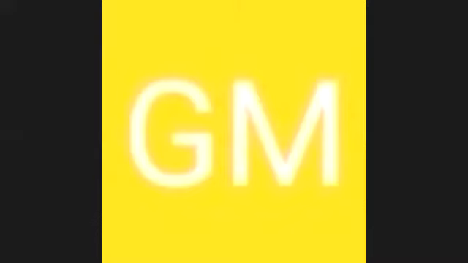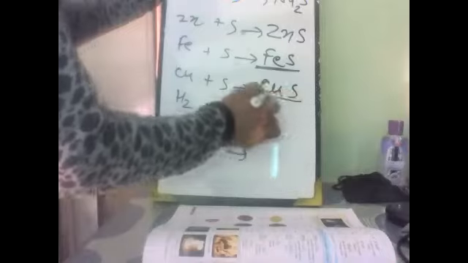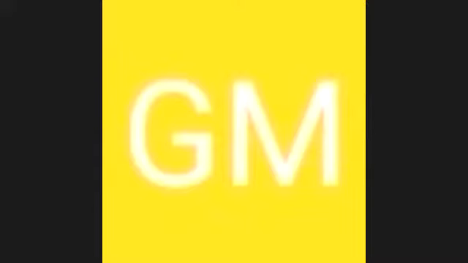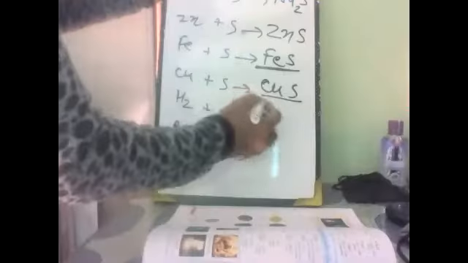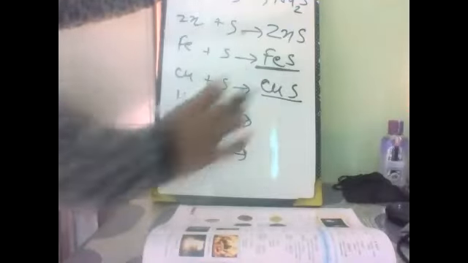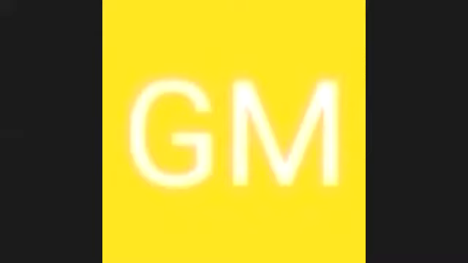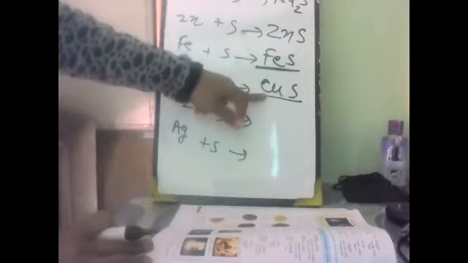Is it clear? Yes, ma'am. Same here. What is the name of this compound? Cupric sulfide. Very good. Because it has two valency. Cuprum has one valency, but the compound here is a two valency compound, so it is cupric sulfide.